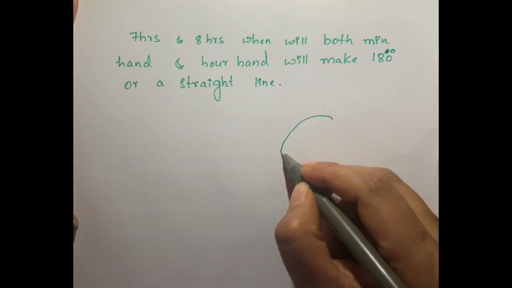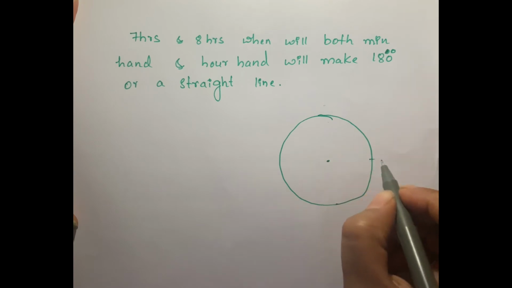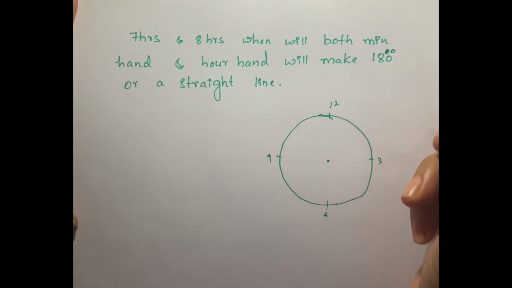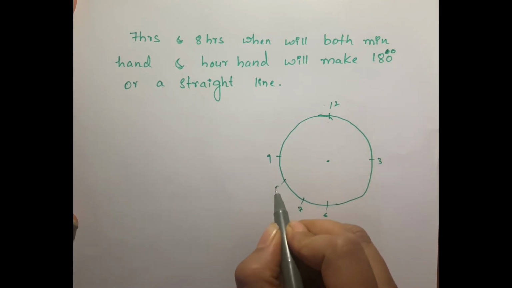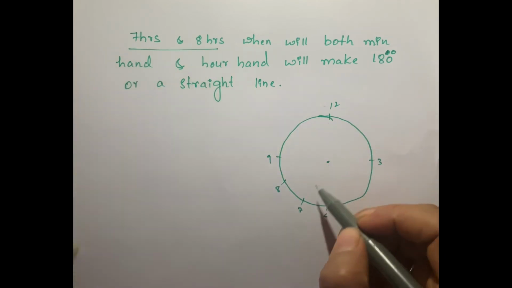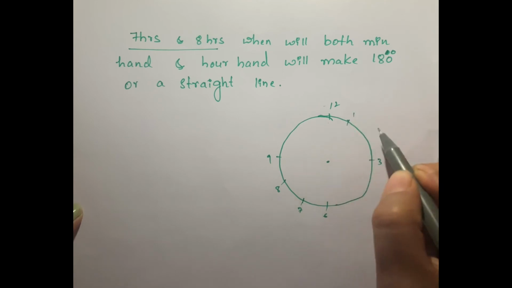So the asked question is here, 3, 9, 6 and 12. So 7 and 8. So here is 7, here is 8. The question is between 7 hours and 8 hours, isn't it? See, 7 hours and 8 hours, write down this also, 1 and 2.